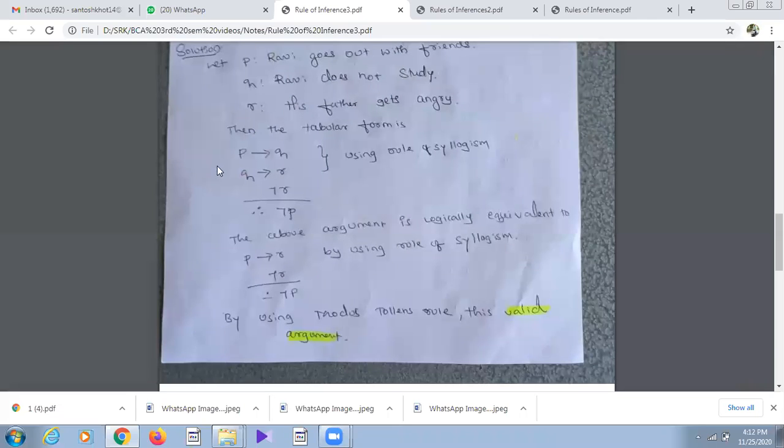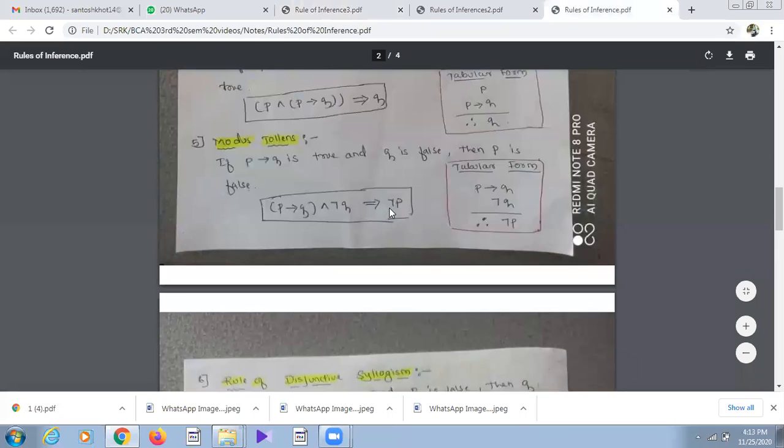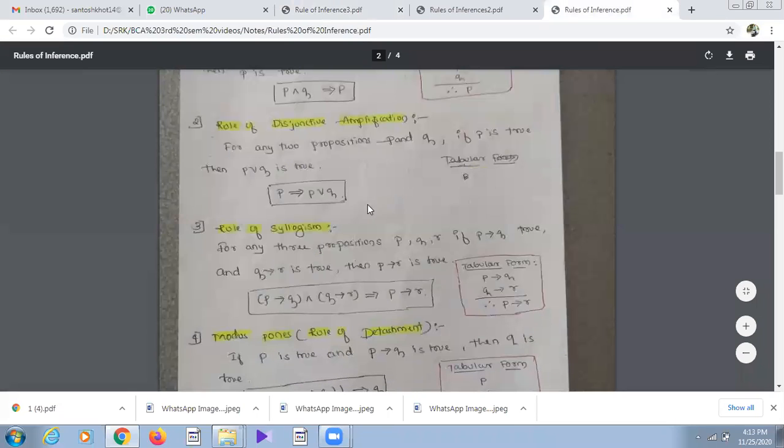Okay, so here we take part of the premises. First premise, second premise, P conditional Q is there, Q conditional R is there. By using the rule of syllogism. The rule of syllogism states that P conditional Q, Q conditional R can be written as P conditional R. So Q is cancelled, directly we write P then R. So the common term is cancelled and P conditional R is got by the rule of syllogism.